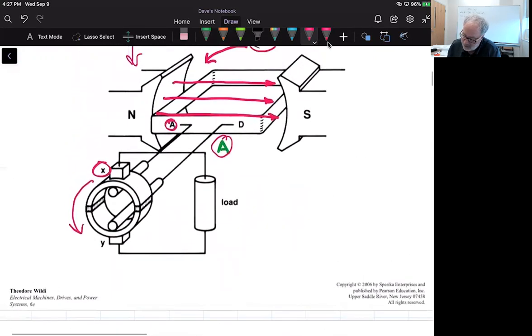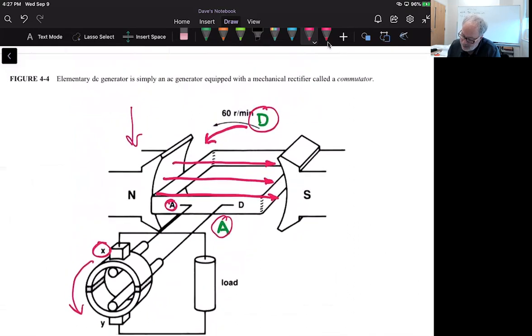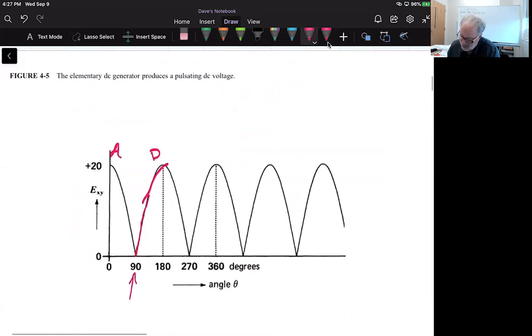Think about side D at this point, and it's small at first, and then it starts cutting more flux lines. So it starts positive and reaches another maximum until you get to a rotation through of 90 degrees. Then it changes as it rotates through, and then you reach another 0 point and back and forth.